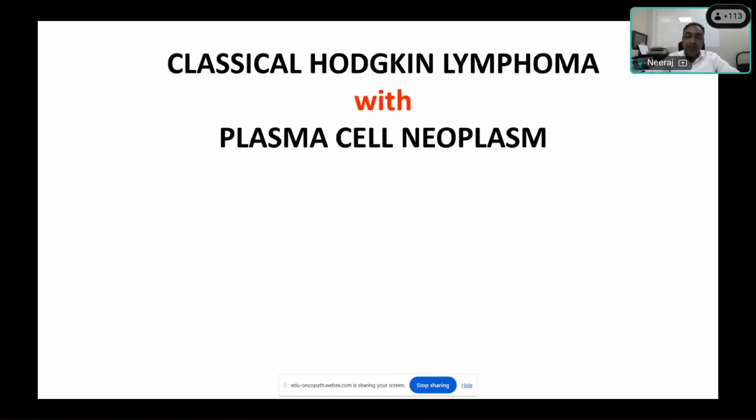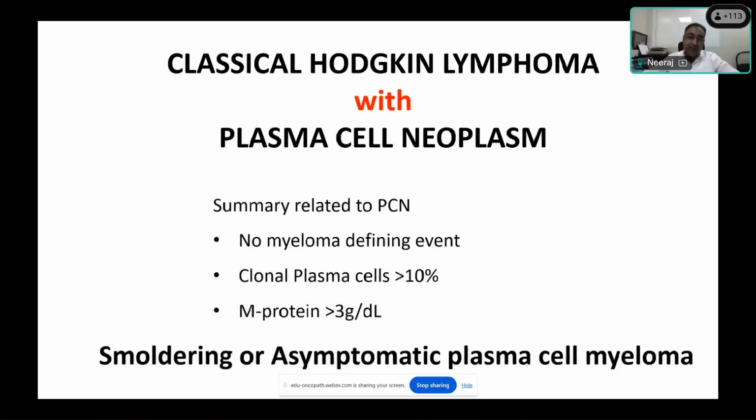So here again, as in many other cases, the history becomes very, very critical. The investigation becomes very, very critical. Paying attention to those abnormal cells is very, very critical, and only then are you able to characterize. Now, with further characterization of those plasma cells, you want to know what type of plasma cell neoplasm you are dealing with.